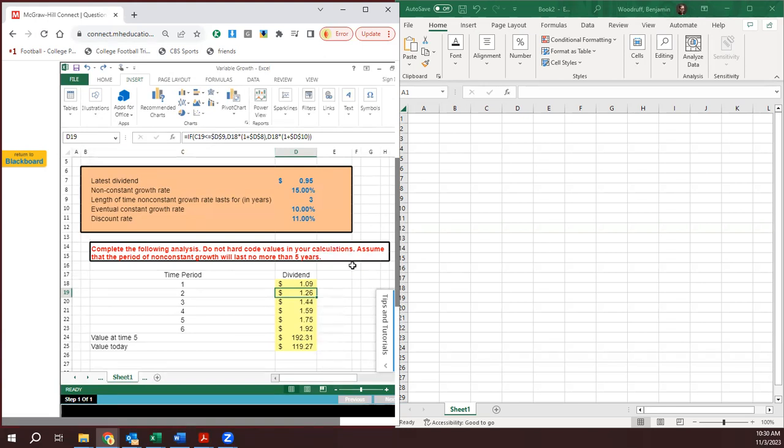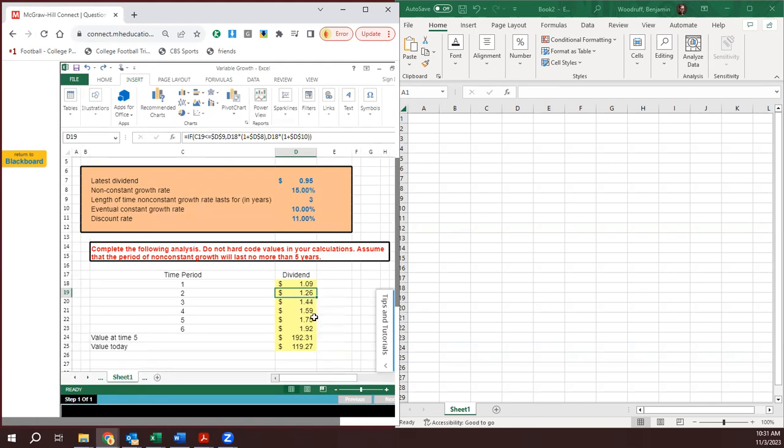So the first thing is, what are we checking? What we're going to check is whatever is in this column for the time number of years. And we're going to see, is that less than or equal to the 3 here? If so, then we're going to multiply the previous dividend times 1 plus the non-constant growth rate.